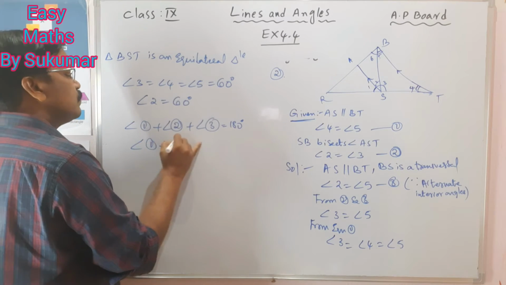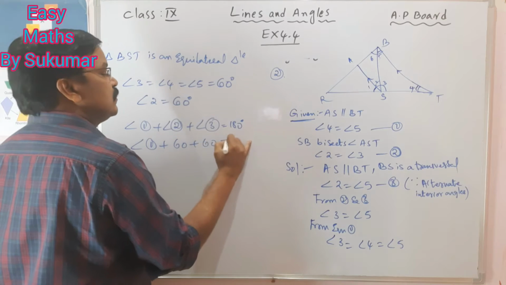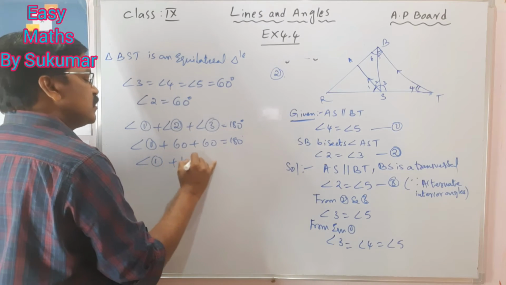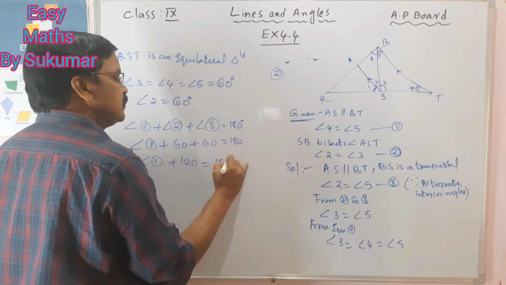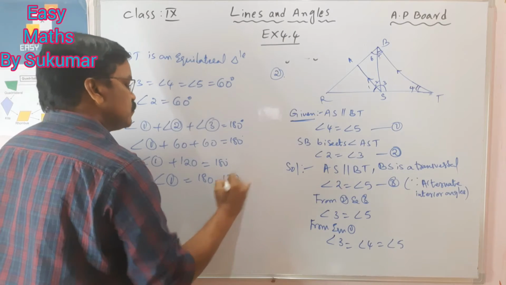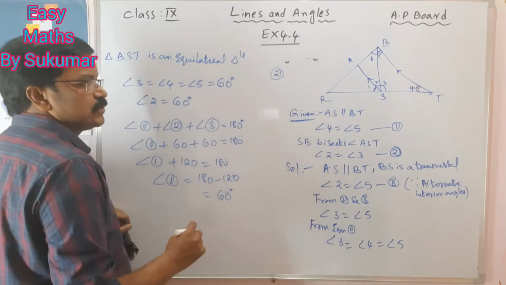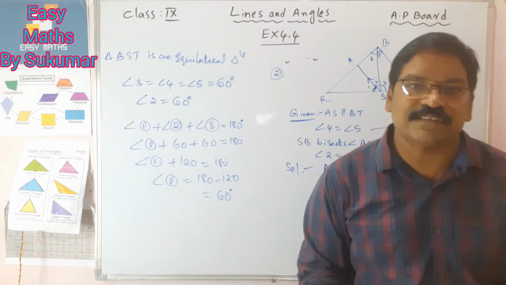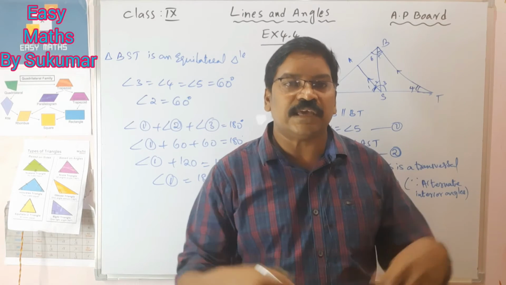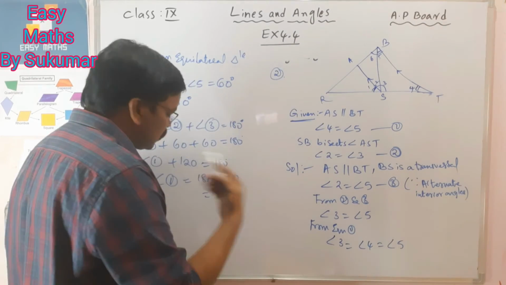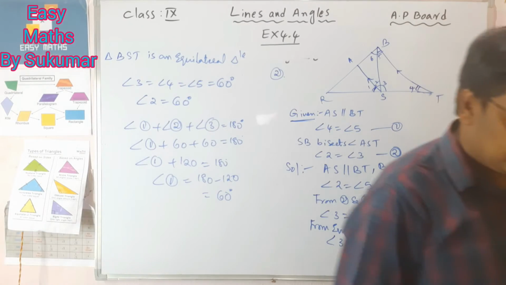That means angle 1 plus 120 is equal to 180. So angle 1 is 180 minus 120, that is 60 degrees. Here, my dear students, all the angles are equal to 60.